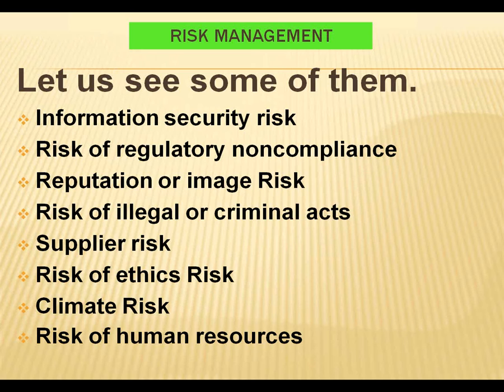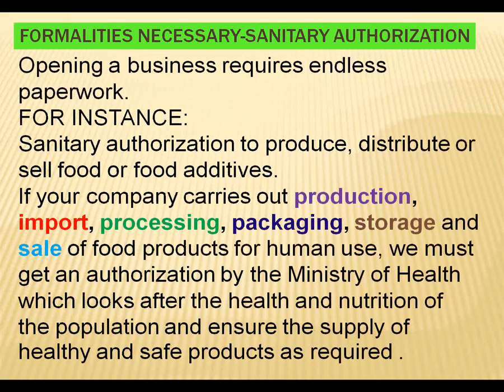But one day he goes into bankruptcy, and since we base ourselves only on him, we have to start to develop or find other suppliers. Climate risk or human resources. Those are many kinds of risks that we have to think about in advance in order to avoid problems.